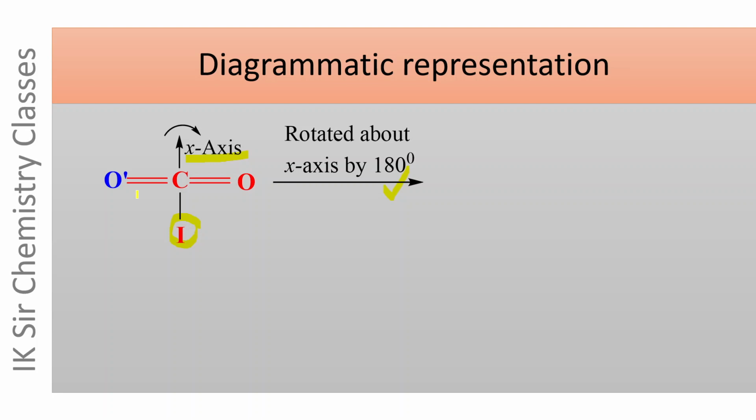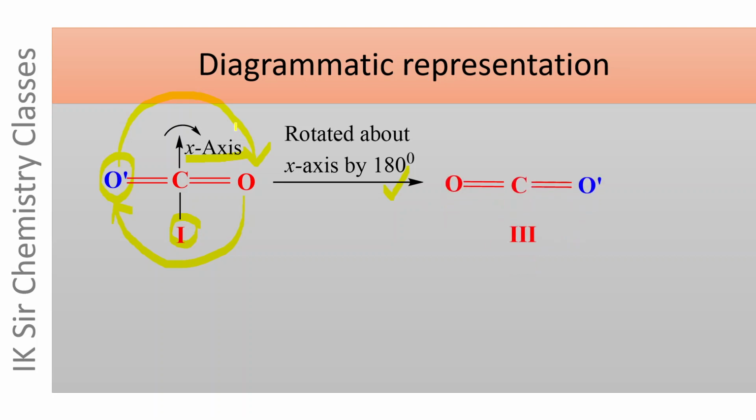As a result of this rotation, this O dash atom will come to this position and the red colored oxygen atom will come to this position, and the new orientation obtained is 3.